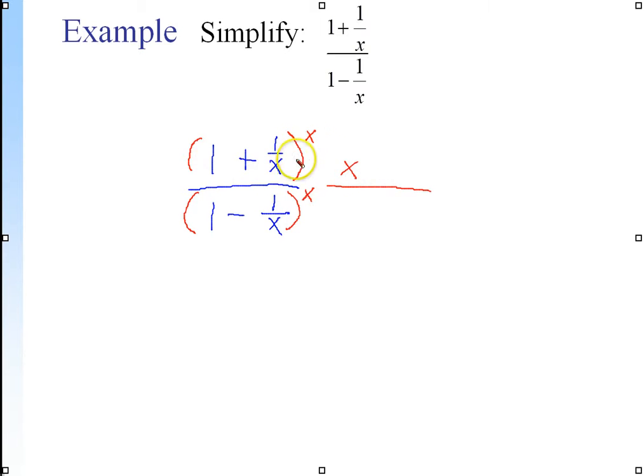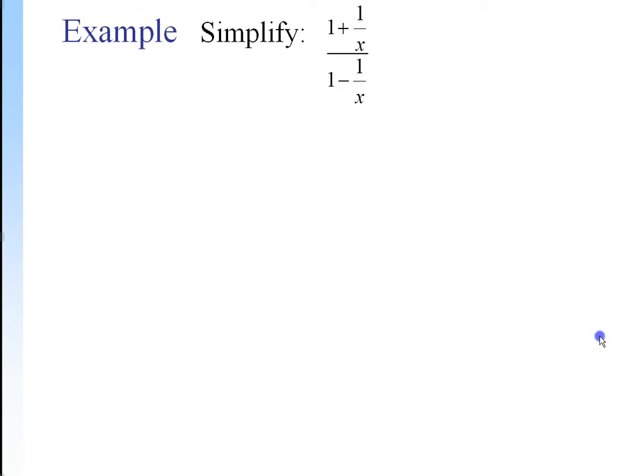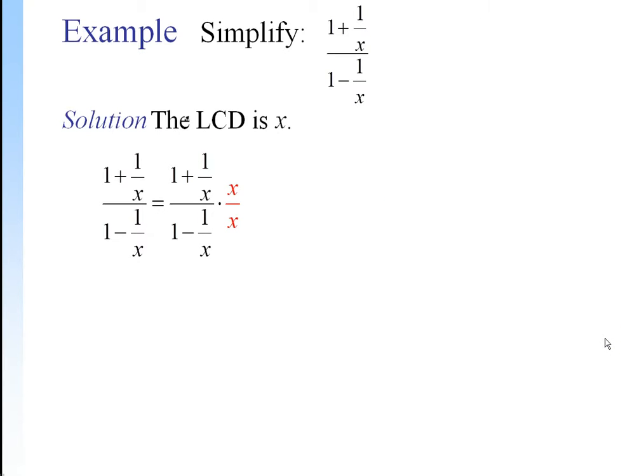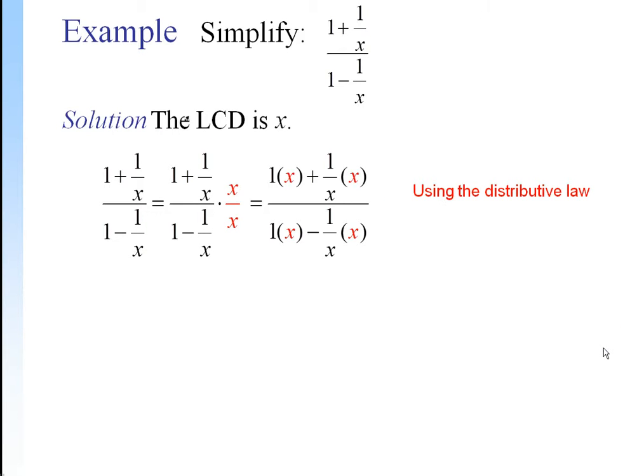Here the x's cancel out, and you're left with plus 1. Here it's going to be 1 times x is x. The x's cancel out, and we get that. So again, I think that was pretty easy. And they're using this method here as well.